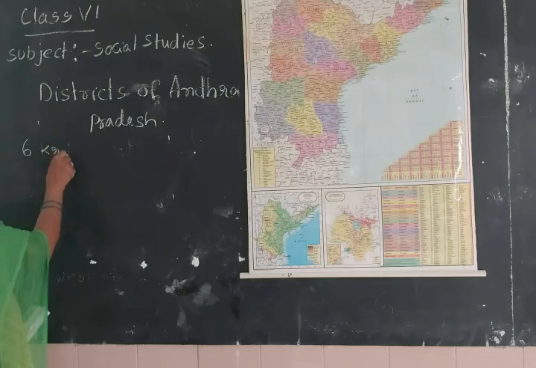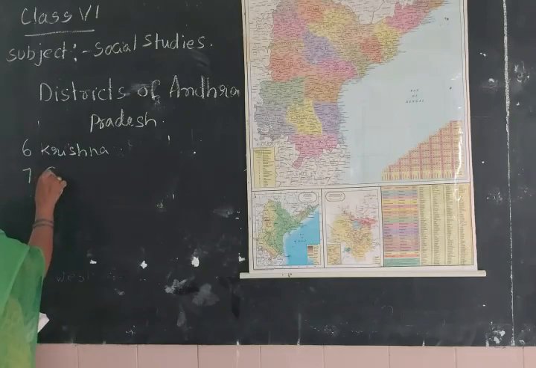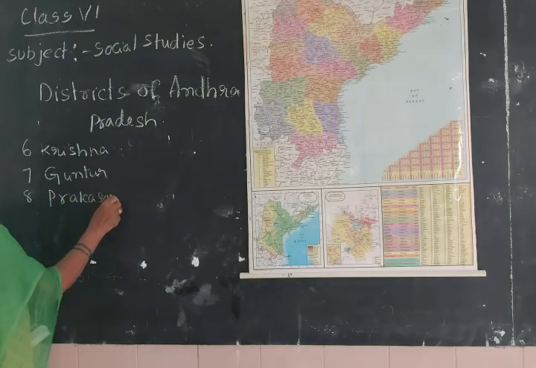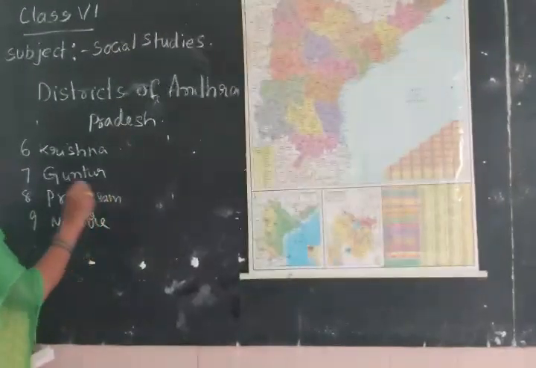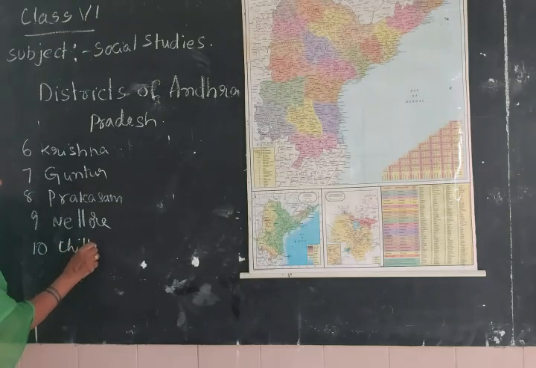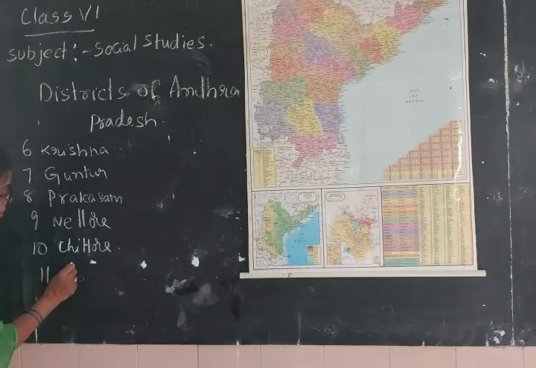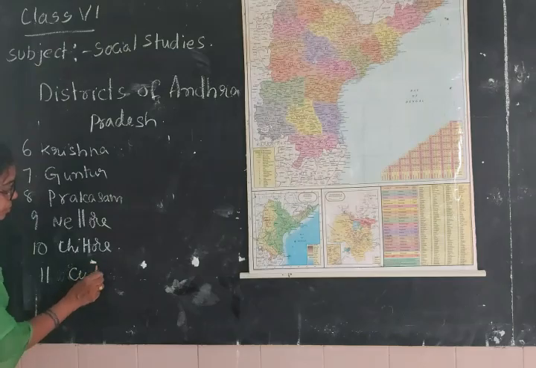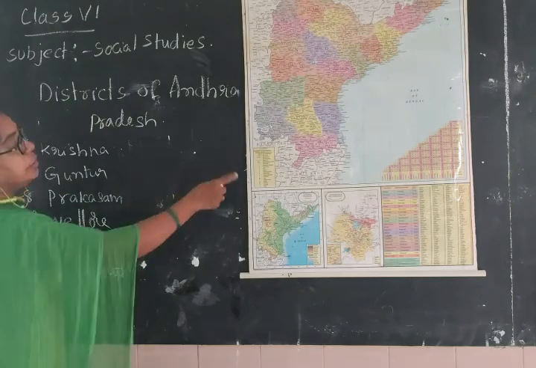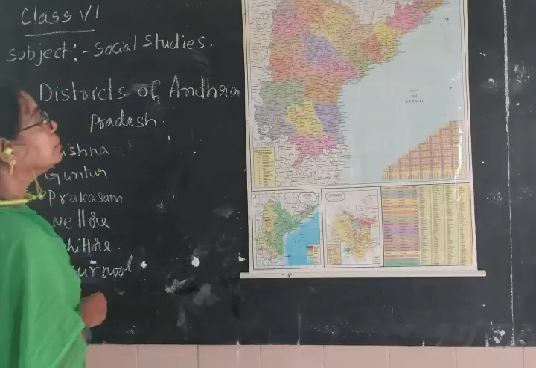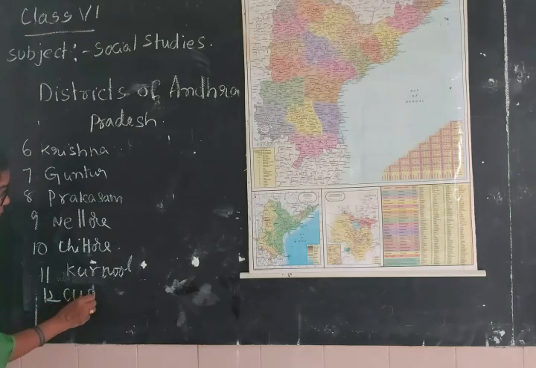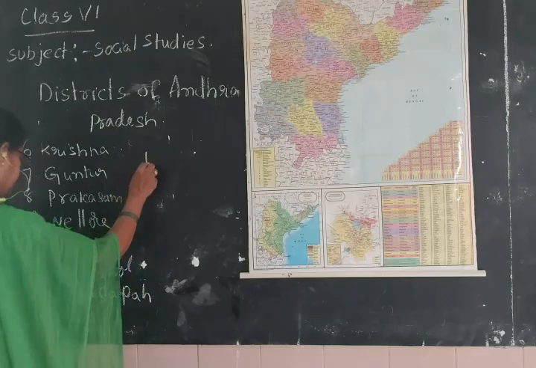Krishna, Guntur, big one, Prakasam, and one, Nellore, and 10th one, Chittoor, Kurnool, Kadapa, Anantapur.